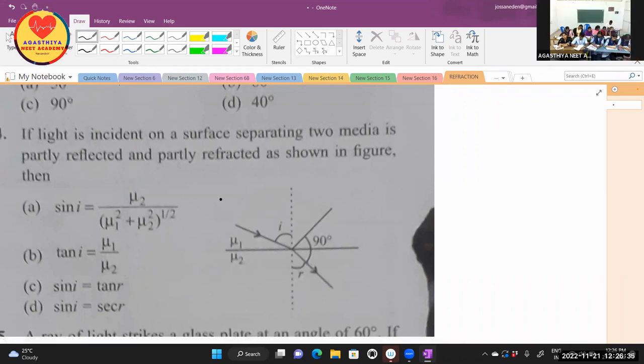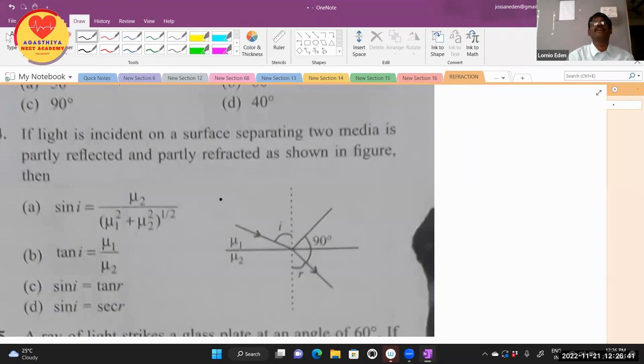The light incident on the surface separating the two media is partially refracted and partially reflected. Reflection and refraction take place simultaneously as shown in the diagram.